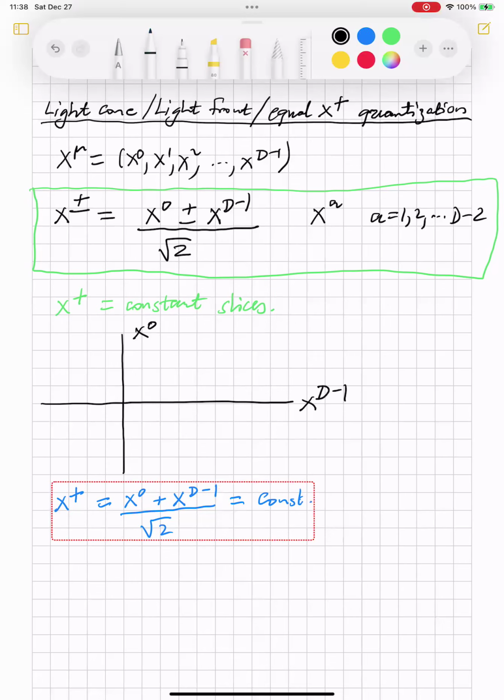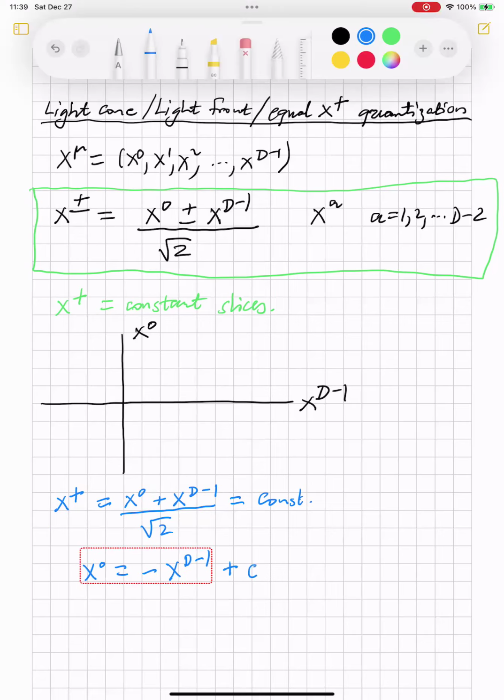I want this to be x d minus 1. So if we now solve for x naught, it would be equal to minus x d minus 1. So it'll be a line of slope minus 1, and then it will be plus some constant, which I will call c. So c is a constant, and these are the lines of constant x plus.